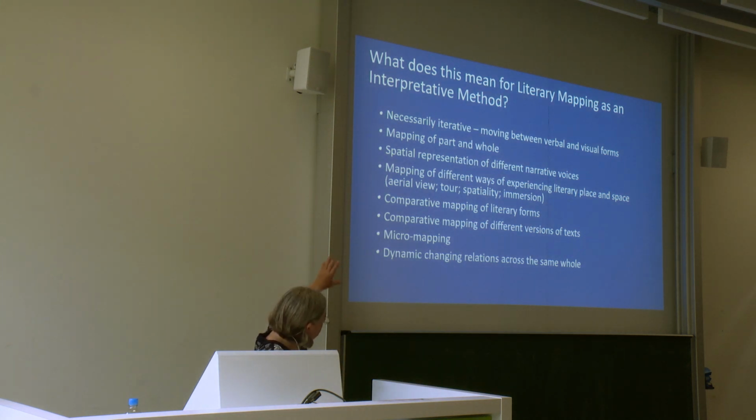The other thing that emerges is by making the maps, you start to think about different ways in which you are experiencing that space. And often texts that are most interesting, there's a tension between those different ways within the text that it draws your attention to. And we'll see that in Peter Pan in a minute. Obviously, comparative mapping of forms, comparative mapping of different versions of text, which is what we're going to look at in a minute.